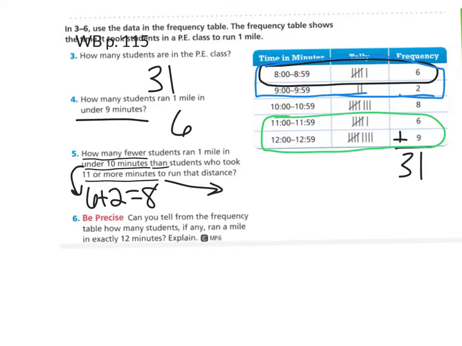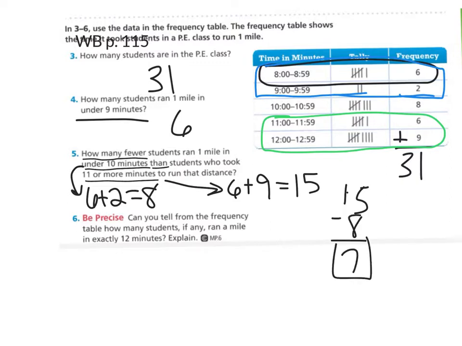So we would be adding 6 plus 9, which is 15. So the one, we had 8 people. The other one, we had 15 people. If we subtract those, then 15 minus 8 is 7. So we had 7 more that took 11 or more minutes than those that ran it in under 10 minutes.